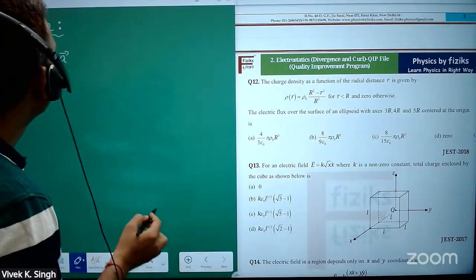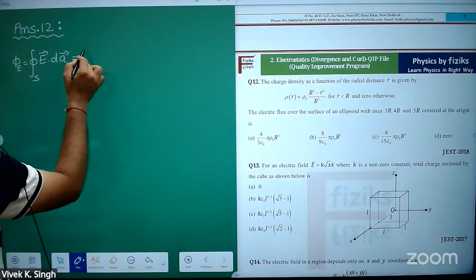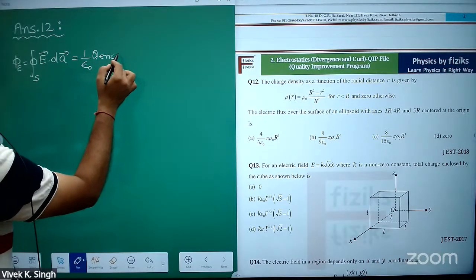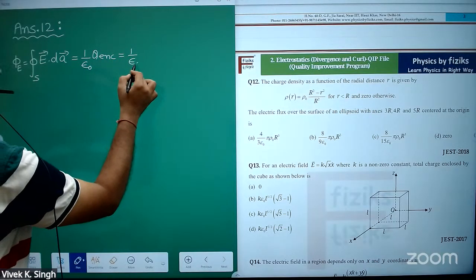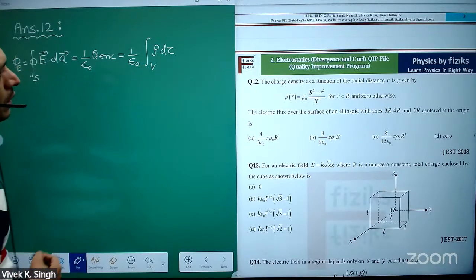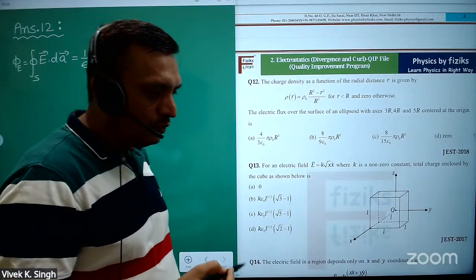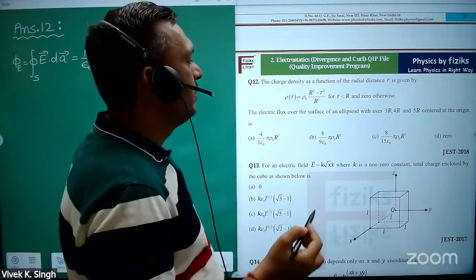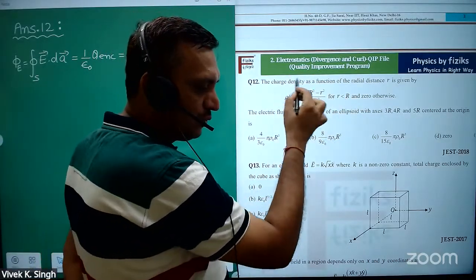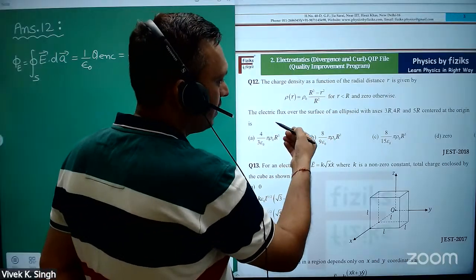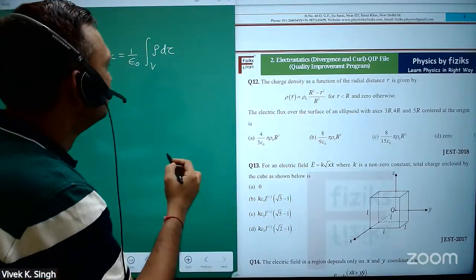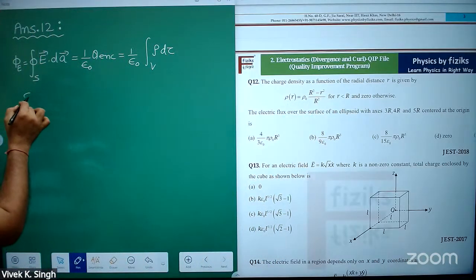Now this will be given by 1 by epsilon naught times Q enclosed, and Q enclosed is given by the volume integral of rho d tau. But now we will use spherical symmetry, because the charge is distributed in a sphere of radius R. Although it is given that it is an ellipsoid, the charge is distributed in a spherical region.